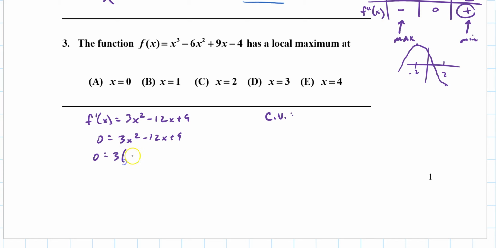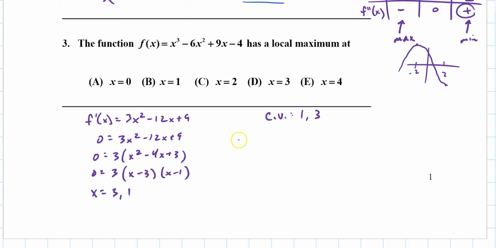I'm going to pull out a 3, so I've got x squared minus 4x plus 3. That looks like it's factorable to be x minus 3, x minus 1. So I'm left with x equals 3 or 1 as my critical values. So 1 and 3.